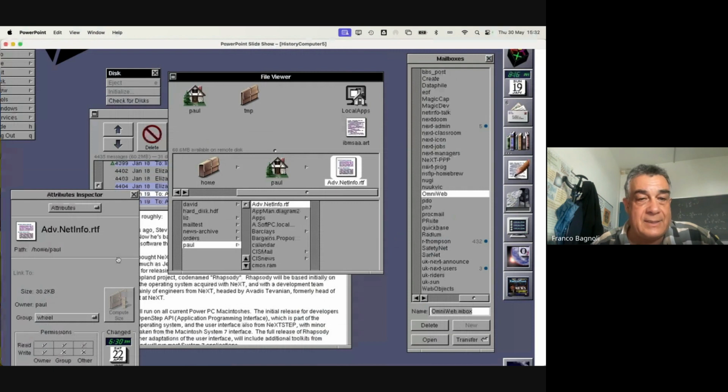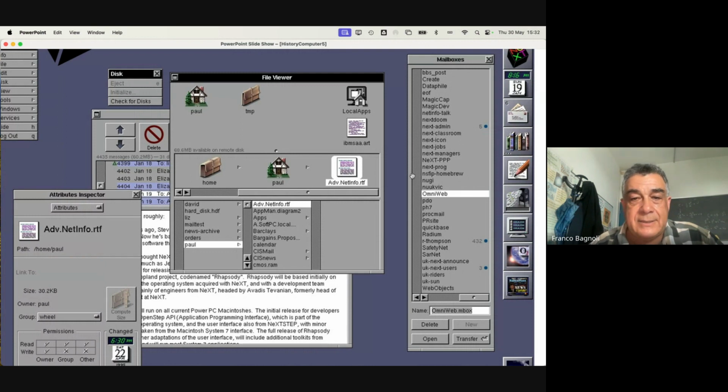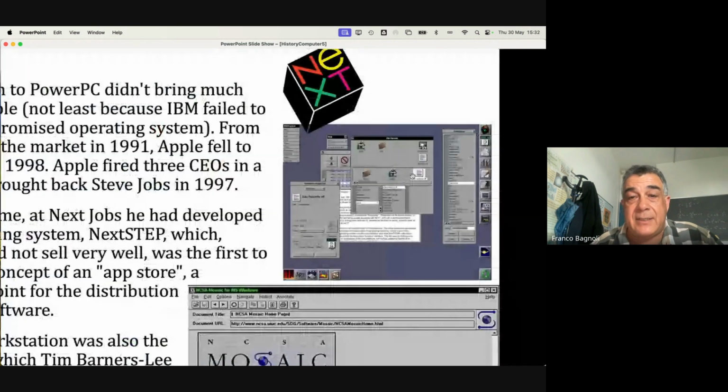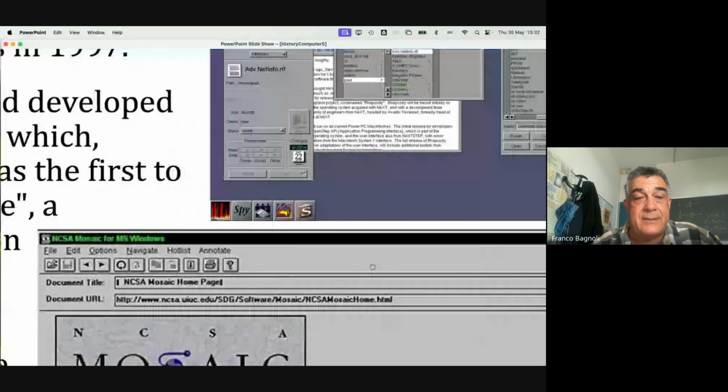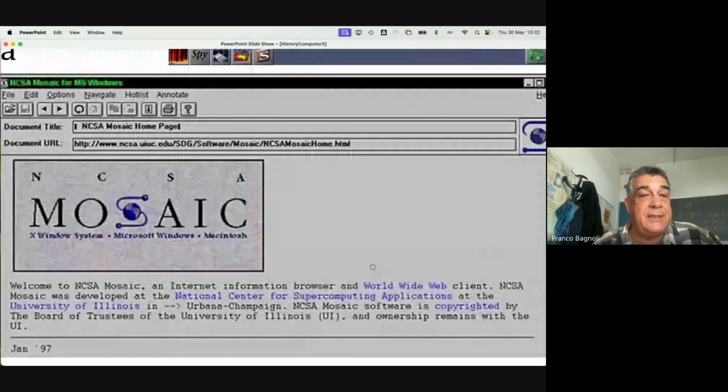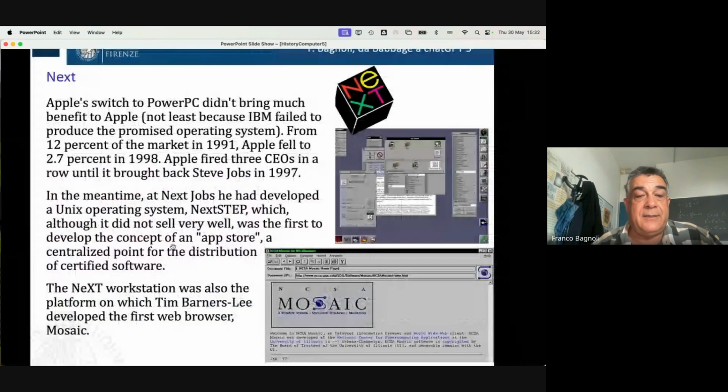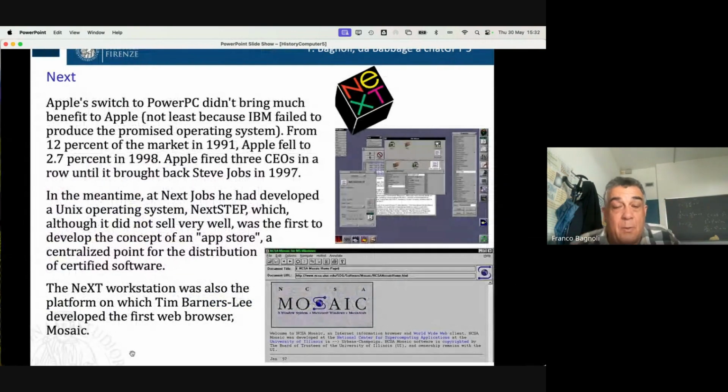You can see it is extremely modern for that time. Windows was much worse than this. It was a Unix system essentially at the end, and it was the one used by Tim Berners-Lee at CERN to develop Mosaic and the first web, essentially.